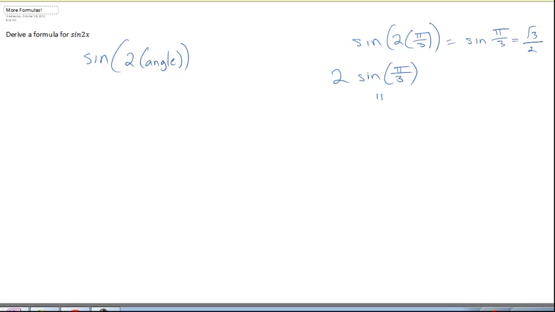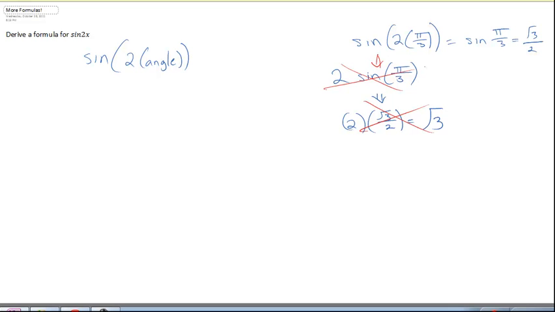And if we go one more down, 2 times sine pi over 3 actually gives us a value greater than 1. So both those little numerical ideas tell us that this simply cannot be the case. It is not the case that sine of 2 times an angle is just simply 2 times the sine ratio. That's not going to work for us.